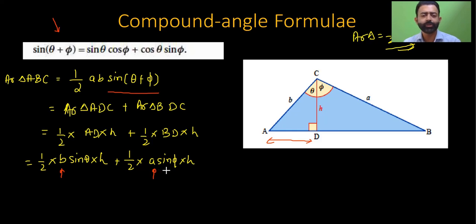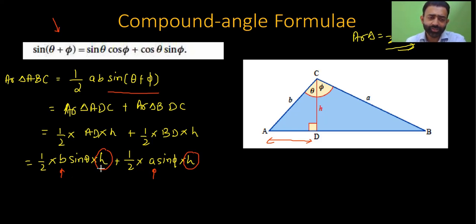That can be done only if we write H in terms of A here and H in terms of B in the other term, to make both the terms in terms of AB.